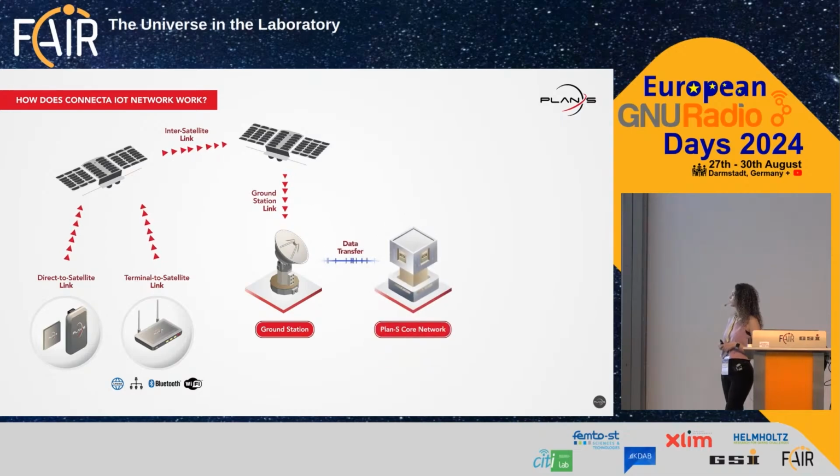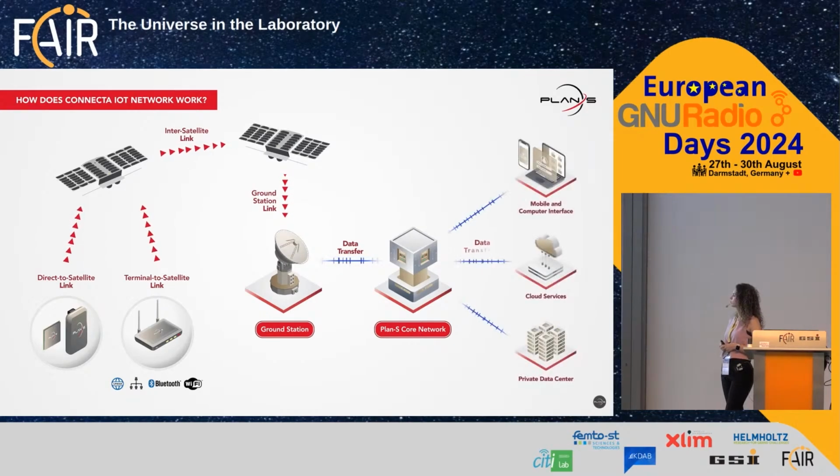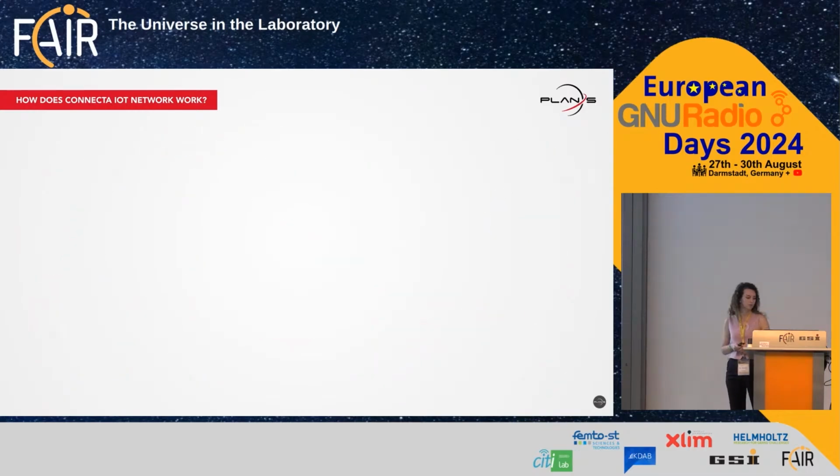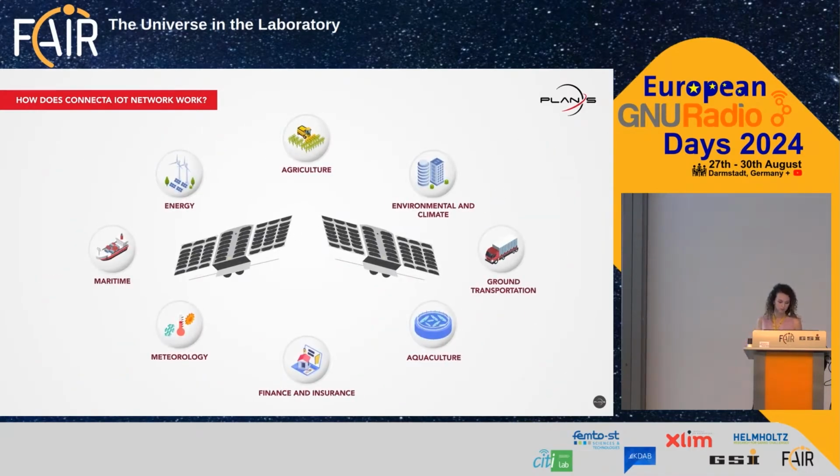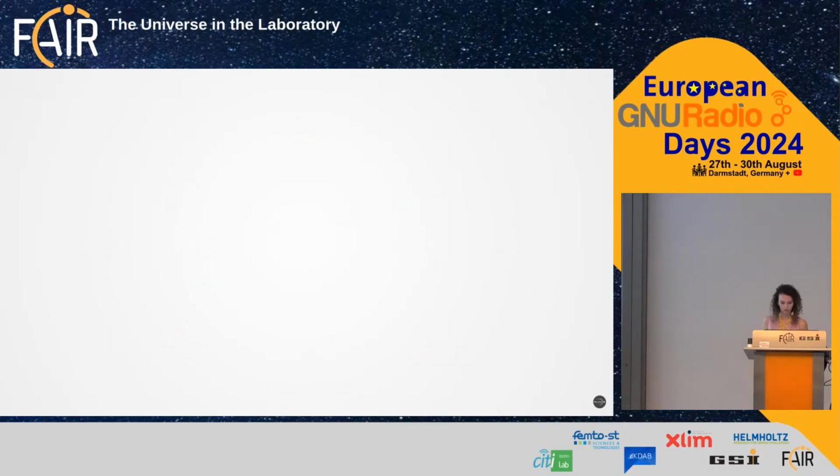Data from ground stations are sent to the Plan S core network. The data transmitted to the Plan S core network is parsed. The parsed data is delivered to customers through various platforms. Some of the sectors that benefit from the solutions provided by the Connecta IoT network are: all this communication is supported by a robust network.